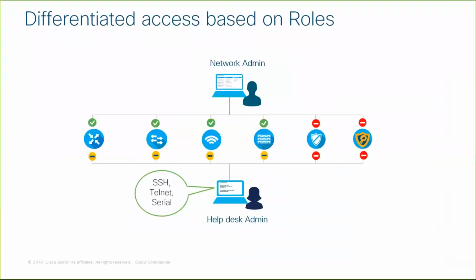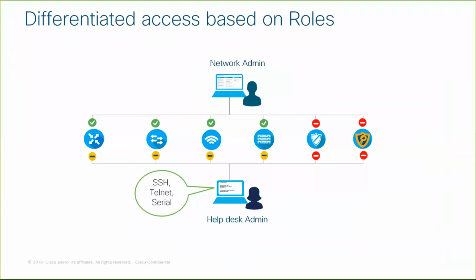Now, if you think about device admin, you have users in different roles. You have a network admin who might have full access to the network devices, and the network admin may not have access to security devices. You have a help desk admin who might have limited access to the network devices, and who may not have access to the security devices.